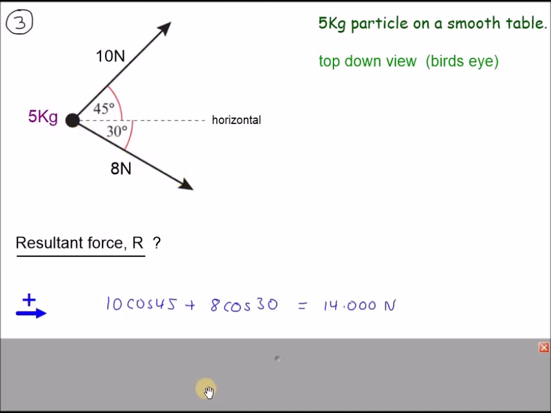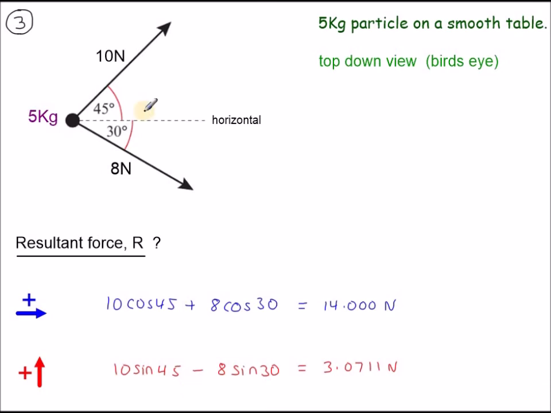So horizontally we have 10 cos 45 from this force and 8 cos 30 from this force, giving 14 newtons. And vertically 10 sin 45 and 8 sin 30, but these are in opposite directions. This one has a vertical component in this direction, and this force has a vertical component in this direction, but because I've taken this as the positive sense, then that one's positive, 10 sin 45, and this one will be negative.